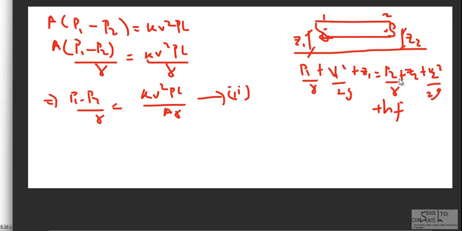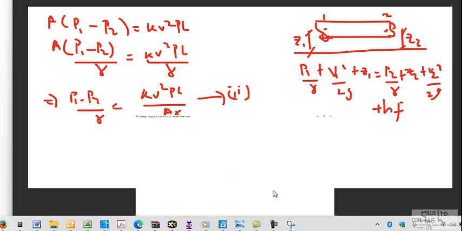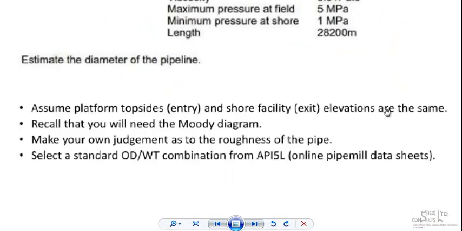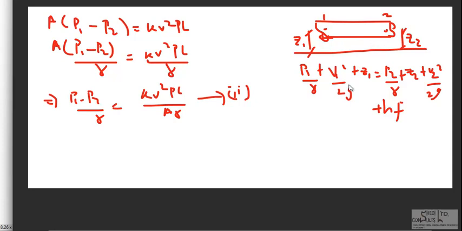Because the elevation is the same based on the question you sent, and the fluid is assumed to be incompressible, the density is the same at inlet and exit.